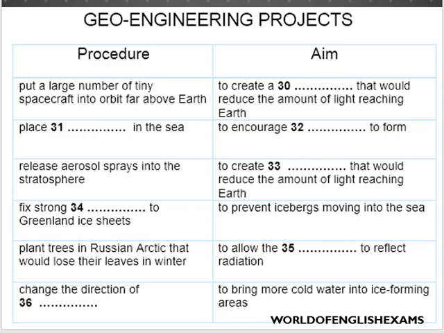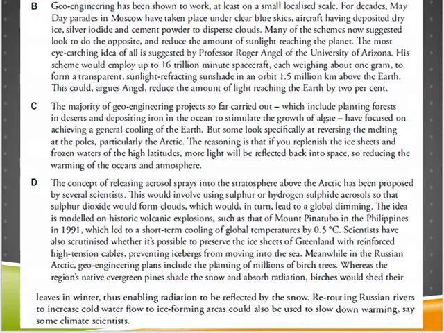Next one, fix strong dash to Greenland ice sheets. Again, the keywords here are Greenland ice sheets. So let's see where we find it. The idea is modeled on historic volcanic eruptions. Okay, scientists have also scrutinized whether it is possible to preserve the ice sheets of Greenland.